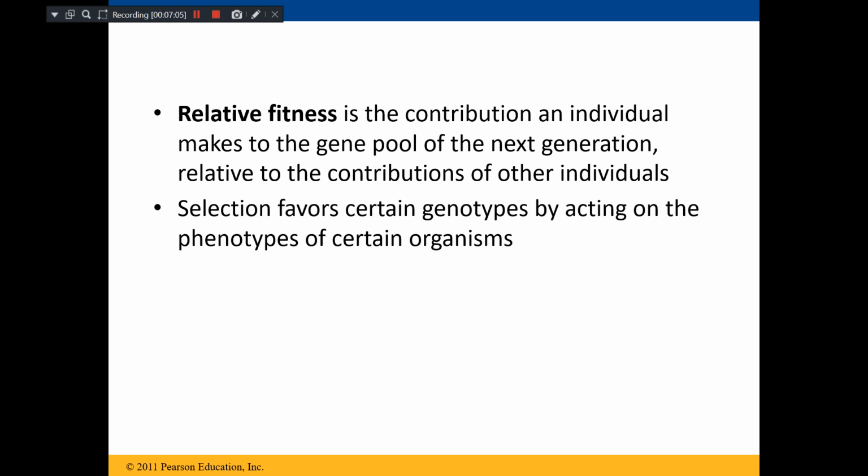Out of this 100, there may be a few which produce more offspring, a few which produce fewer offspring, a few which produce in between, and a few individuals which may not reproduce at all. Now, relative fitness refers to the contribution of an individual to the gene pool of the next generation.